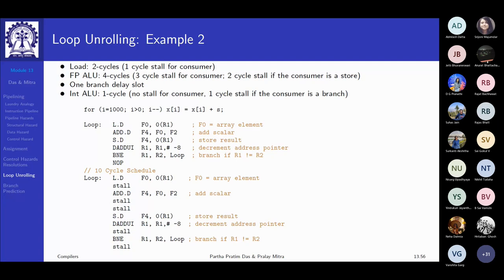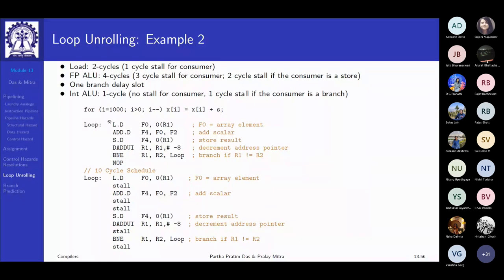Here are some basic assumptions: the load will take 2 cycles and it will stall for 1 cycle. A floating point ALU will take 4 cycles. There are some stall figures given, which we will use, but these are all hypothetical. It's not that we are precisely following a processor. What is significant is we assume that there is 1 branch delay slot available.